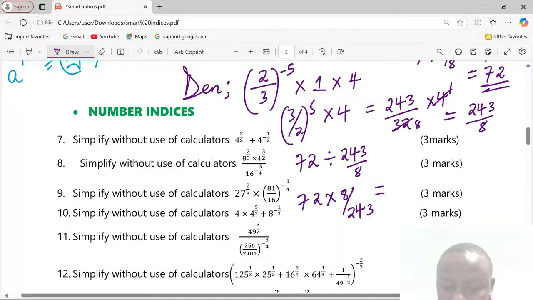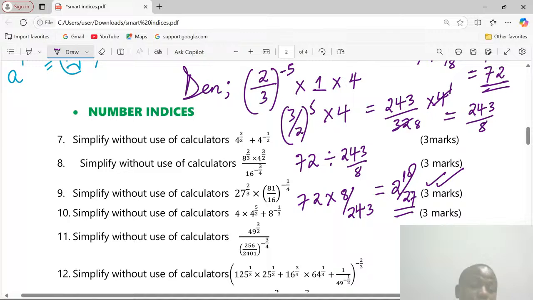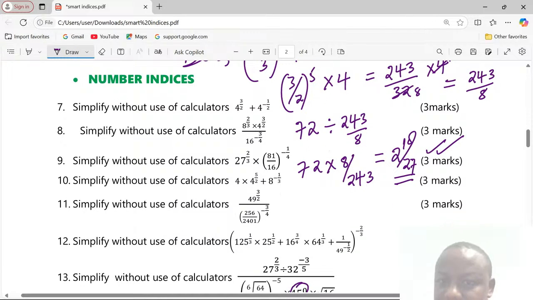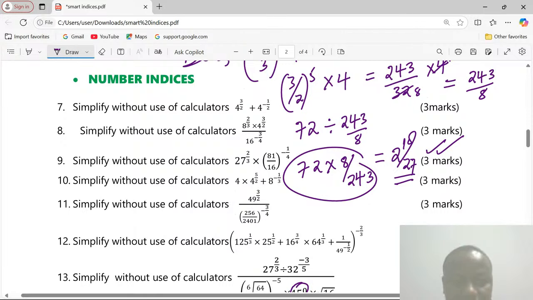And this is going to give us 2 and 10 out of 27. I believe I have computed that one well. You can as well confirm using your own calculator. Kindly confirm the last step for us, but this is what you should be working with.